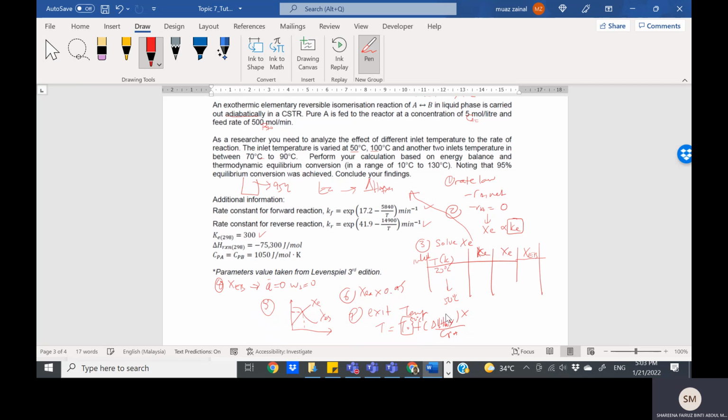Alright, so we get what is T. So this T you will use in here for KF and KR, in order to calculate number 8, KF and KR. So that's why make sure you get the starting XE correct. If everything is wrong, your T will be wrong. So once you get the KF and KR, you can calculate what is RE.